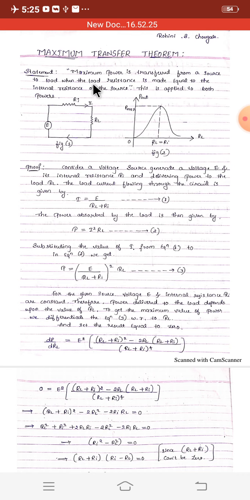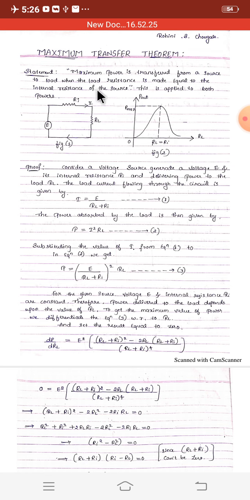For your first internal test, I will ask questions up to DC circuit analysis, meaning only Thevenin's, Norton's, superposition and maximum power transfer theorems and problems. Only these four theorems and problems I will ask in your first internal test. So be prepared for the first internal test, and homework problems are also most important for it.